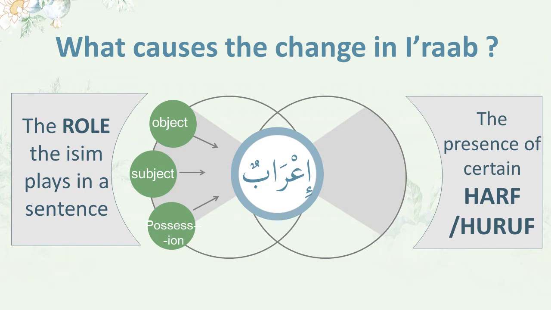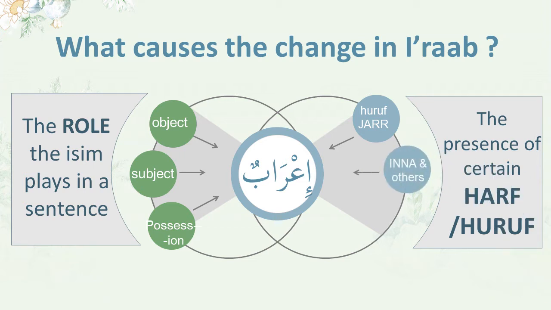The second reason is the effect of certain harf or huruf, which is the plural of harf. For example, the iqrab of any isim placed after a harfu jar will be, not surprisingly, jar in status. We learned that back in lesson 2C.